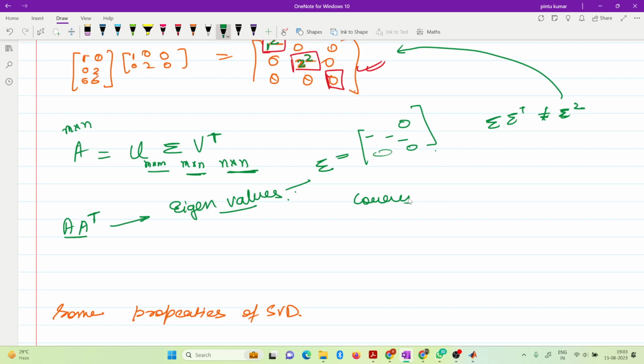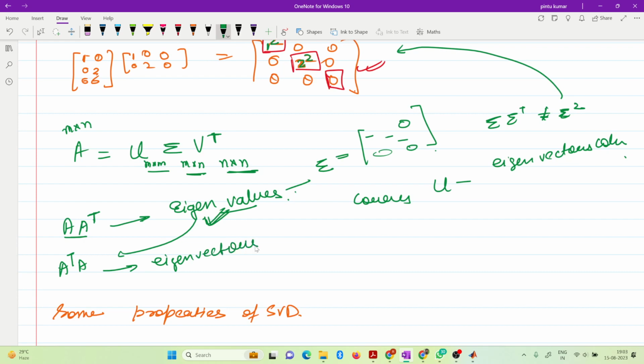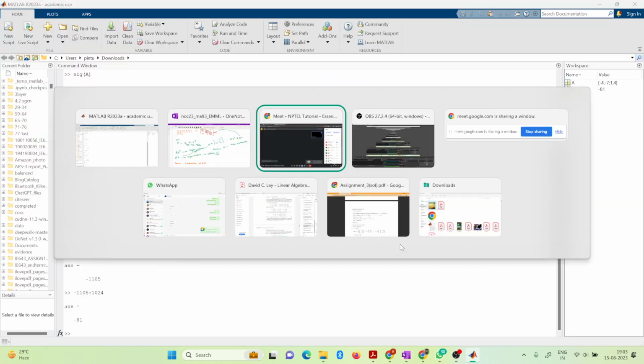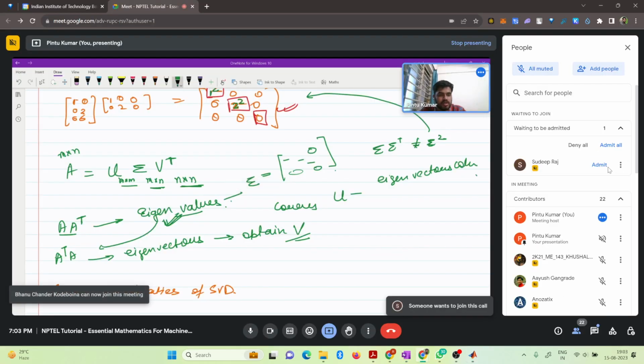For your U, you write the eigenvectors as columns. To obtain V, you take A transpose A. Your eigenvalues will again be the same, so you need not calculate them again. Then you find the eigenvectors and obtain your V. I will do some questions related to this.